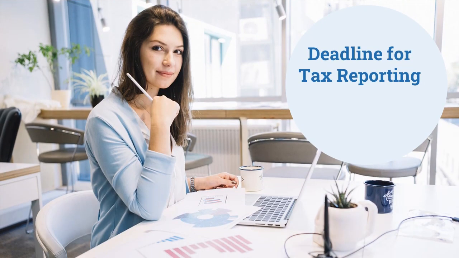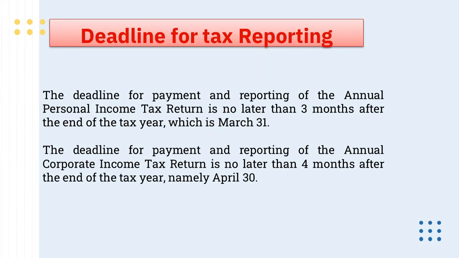My name is Alban Wilfred Nathanael, and in this opportunity, I would like to continue our presentation about the deadline for tax reporting. The deadline for payment and reporting of the annual personal income tax return is no later than 3 months after the end of the tax year, which is March 31.